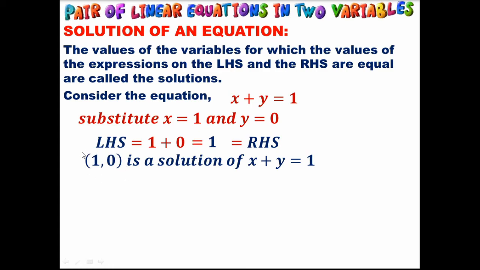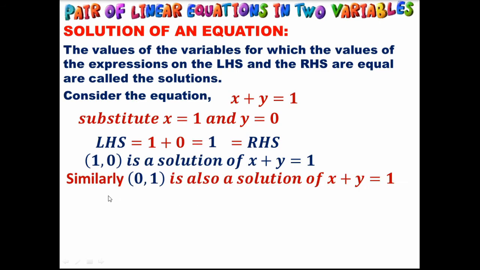So always write this pair in order. The first number represents the value of x and the second number represents the value of y. We should not change the order, right? Similarly, let me substitute x = 0 and y = 1. In that case also it will satisfy the equation, that is, the left hand side will be equal to the right hand side. So I can say (0, 1) is also a solution of this equation, right?